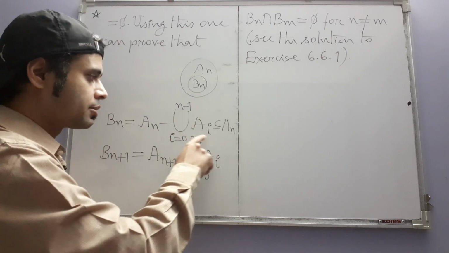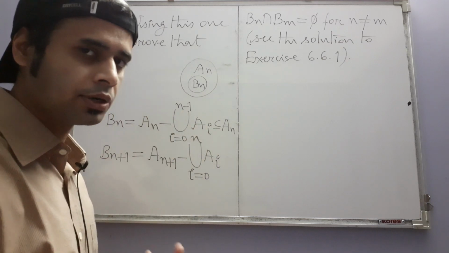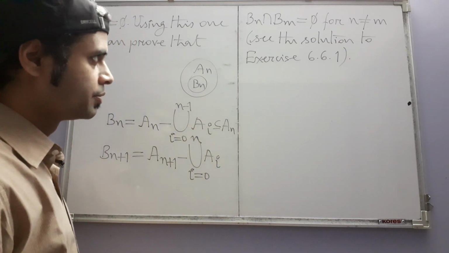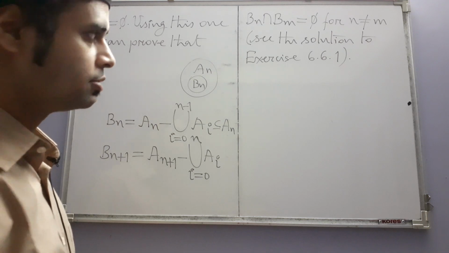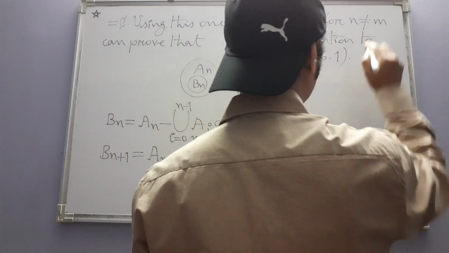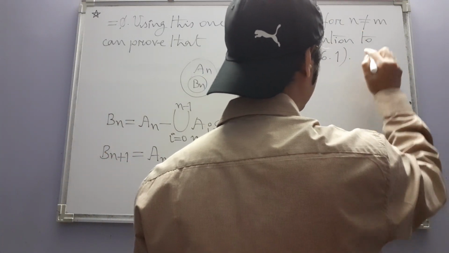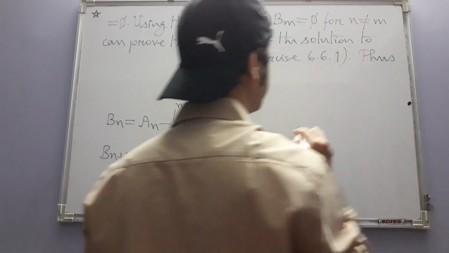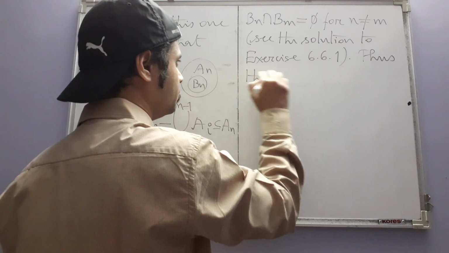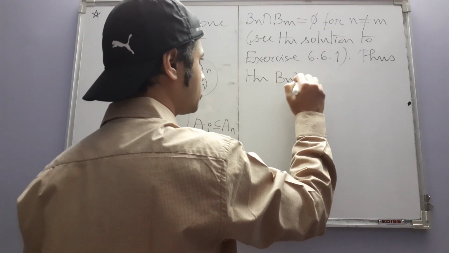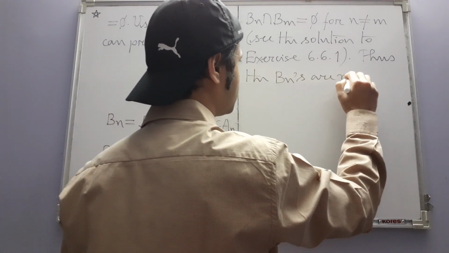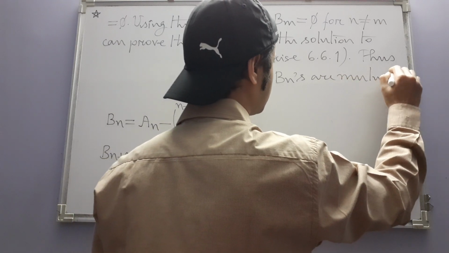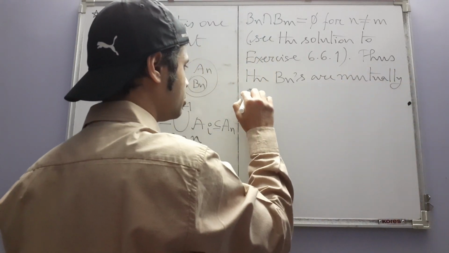We have replaced the A alphas, or now An's, by Bn, which are now mutually disjoint. Let's end this paragraph by concluding like this. Thus, the Bn's are mutually disjoint.